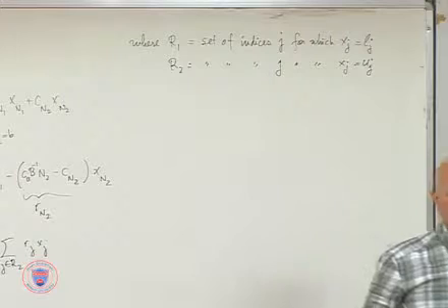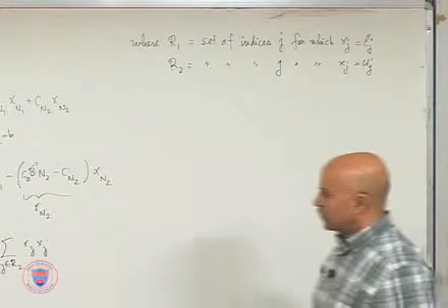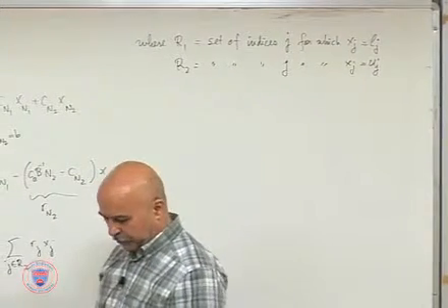Okay? So we partitioned the non-basic variables into two subsets, those at the lower and those at the upper bounds. This is the situation.